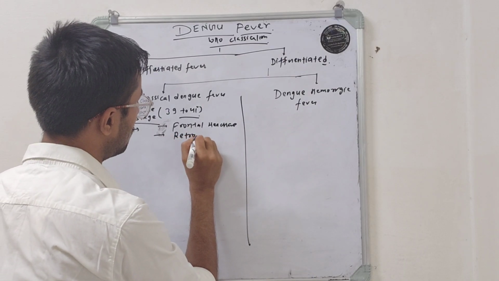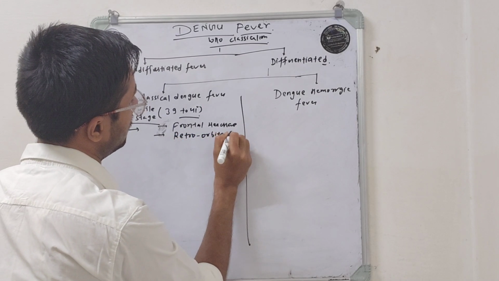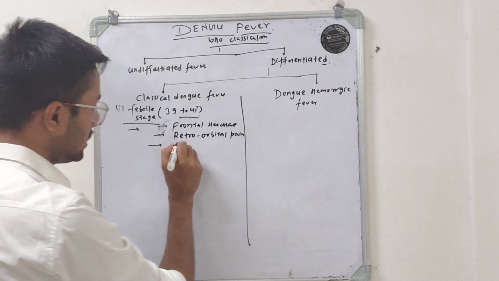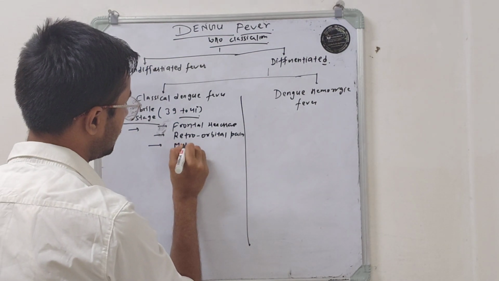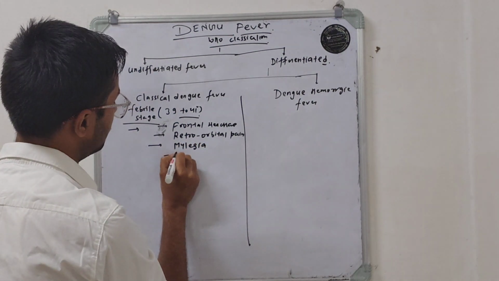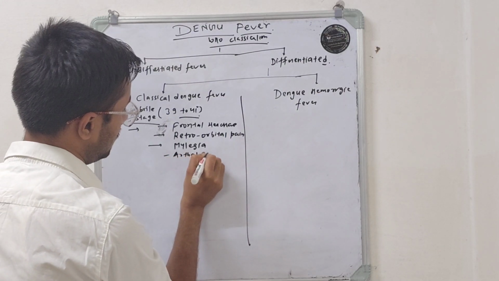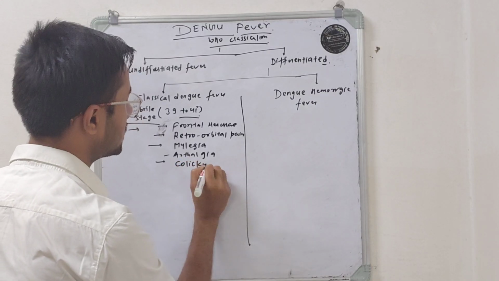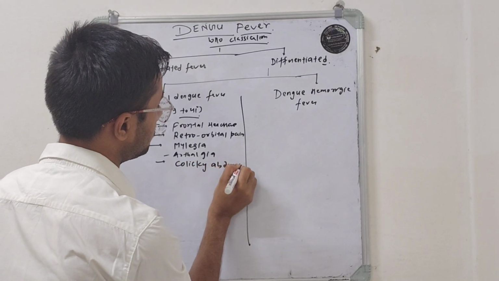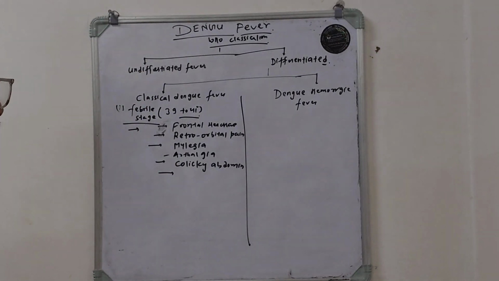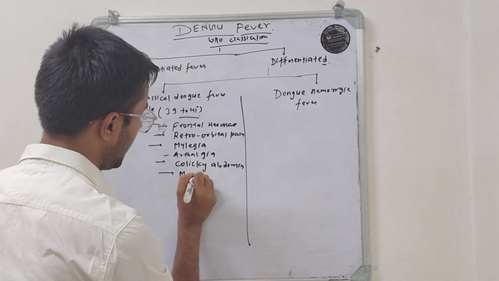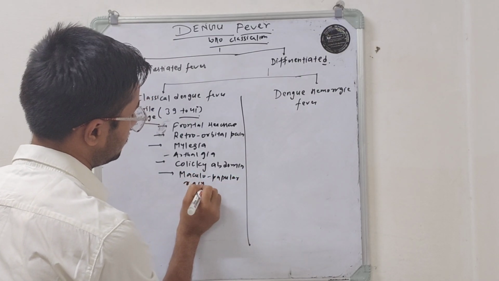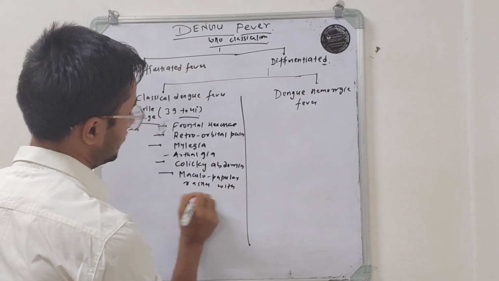They also have common features like myalgia, arthralgia, and colicky abdominal pain, and then a maculopapular rash with itching.